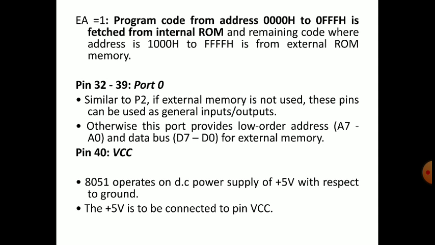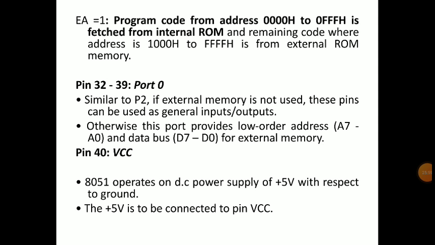That means if we use the EA = 1 pin, then the program code from address 0000 to 0FFF is fetched from internal ROM, and the remaining 1000 to the end is from external ROM. So if we put EA equal to 1, the program will be shared and fetched from the internal and external ROMs.